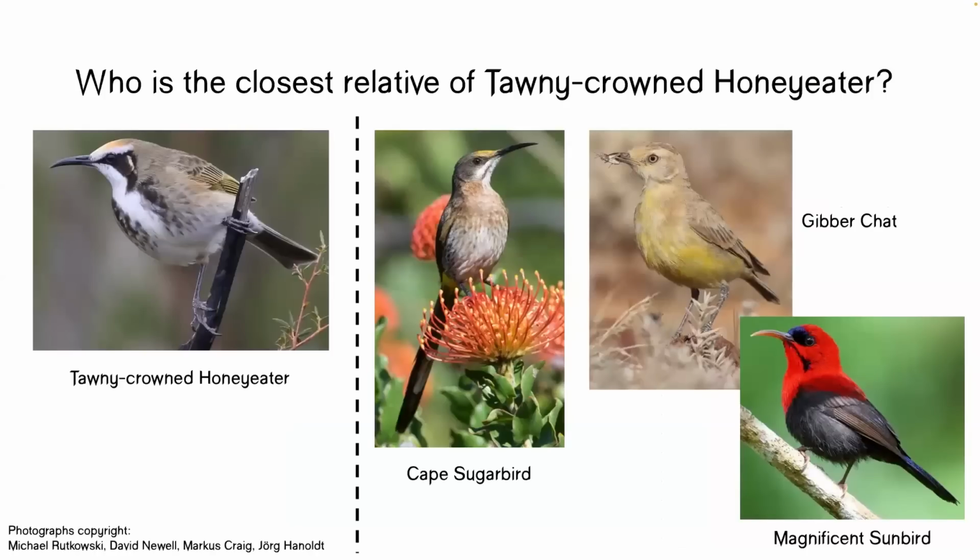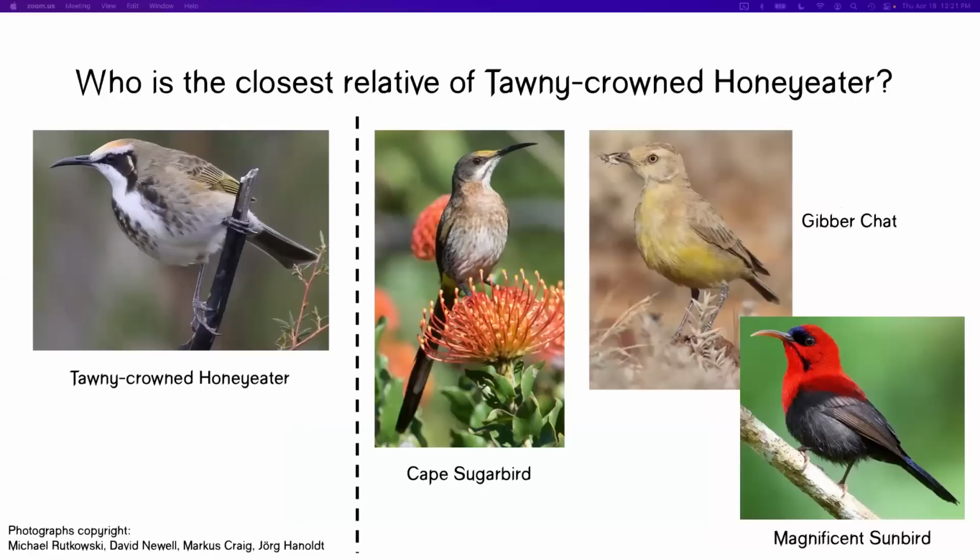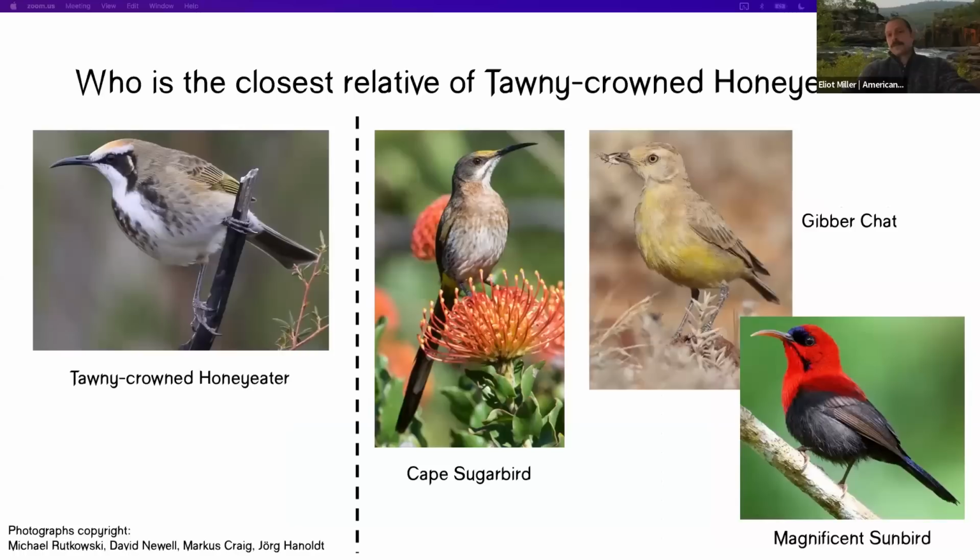Elliot, before you do, somebody did ask, what do you mean by convergence? And I thought maybe we could answer that before we go much further. Yeah, this quiz will be a great example of that. Oops, maybe I gave away the answer.